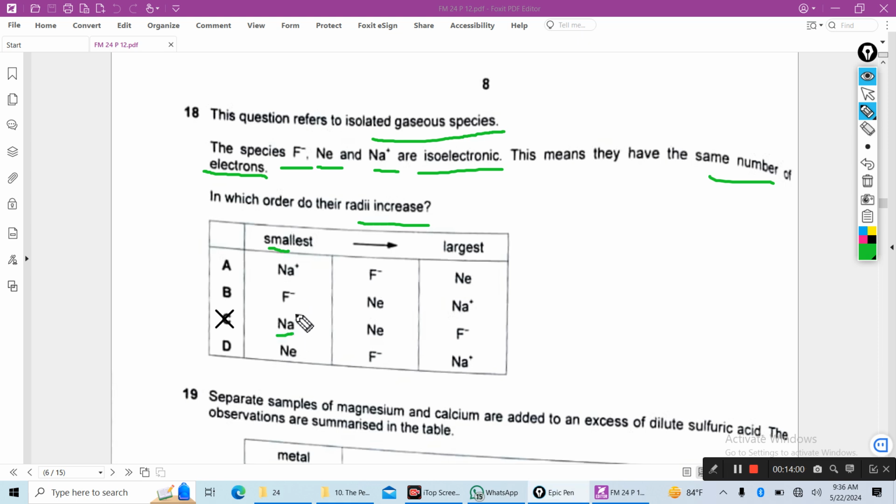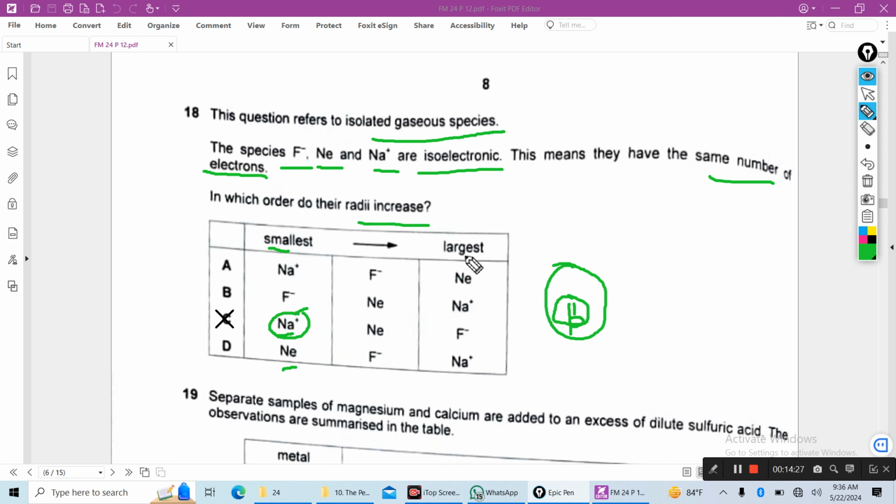Sodium ion, fluoride ion, neon all have 10 electrons, so 2 shells. But sodium has 11 protons. So sodium attracts the 2 shell electrons strongly, so its radius will be smallest.